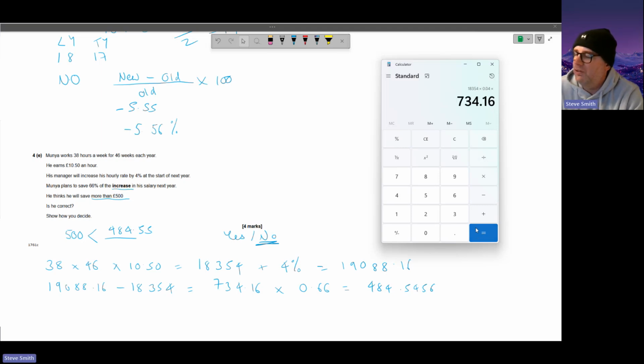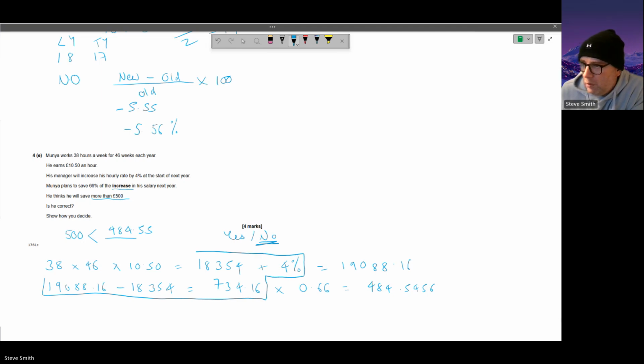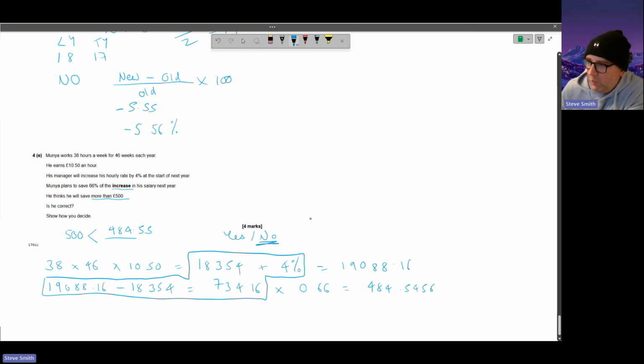Okay, so I didn't waste a whole lot of time there, but I wasn't thinking straight. I didn't need to know what he was earning in the future. I just needed to know what his increase was. So instead of doing that part, after we worked out the total, we could have gone 18,354 multiplied by 0.04, because that's the only bit we needed.